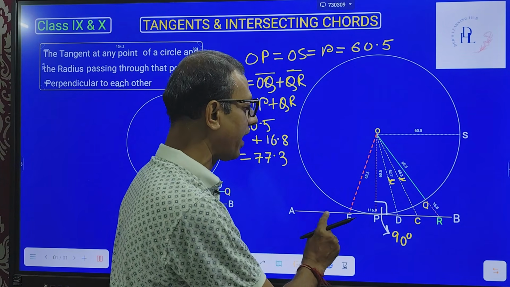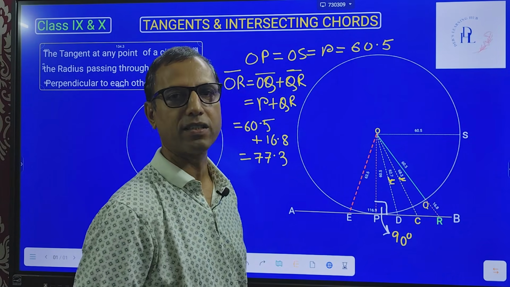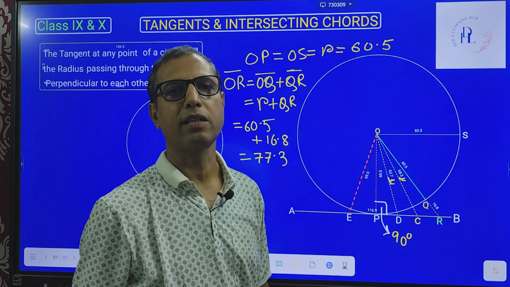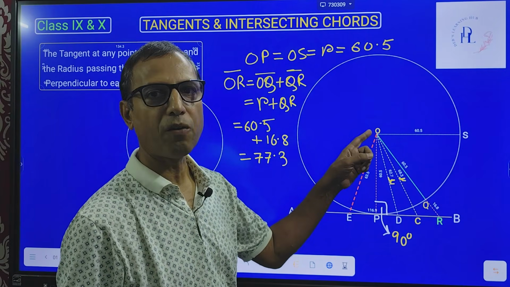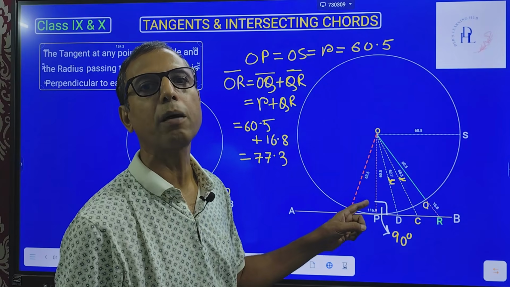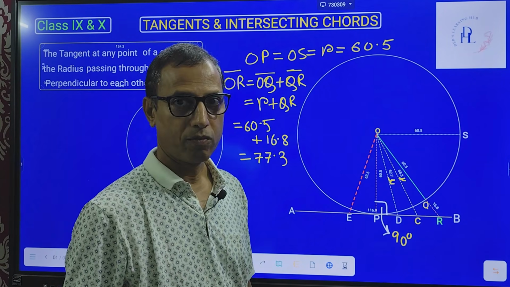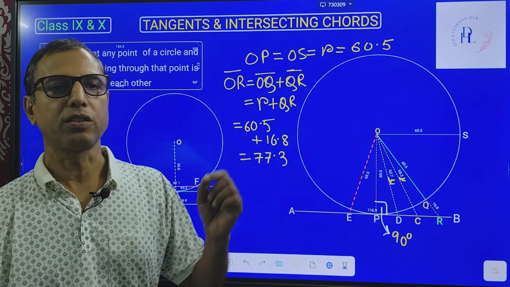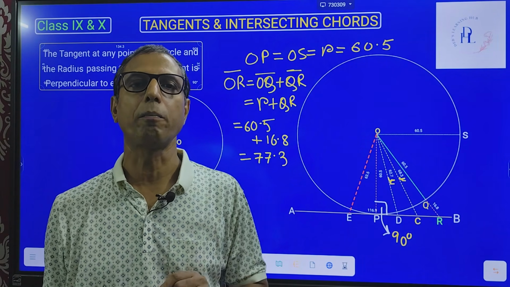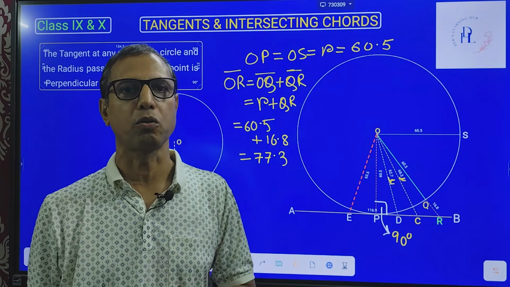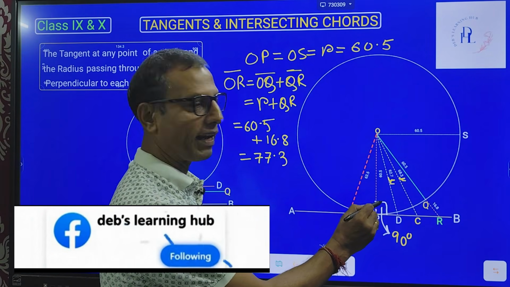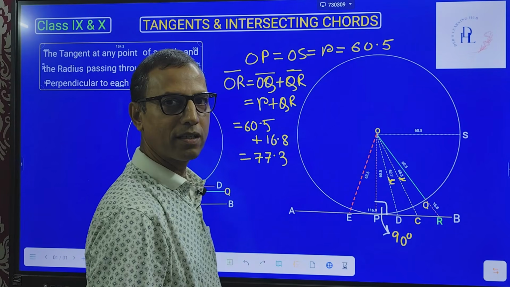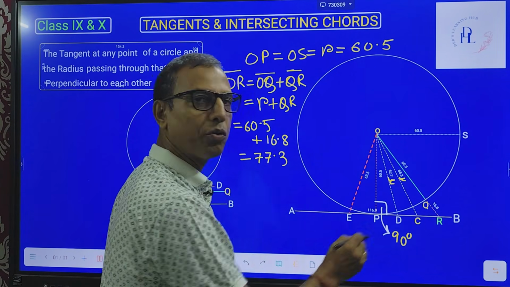So where the radius and tangent meet, that point of tangency, that is the shortest distance from the center to the tangent. So the distance from the center of the circle to the point of tangency is the shortest. Now, the shortest distance from a point to a line is what? It is perpendicular. So by reverse analogy, here the shortest distance is OP, the radius. So the shortest distance from O onto the tangent AB.